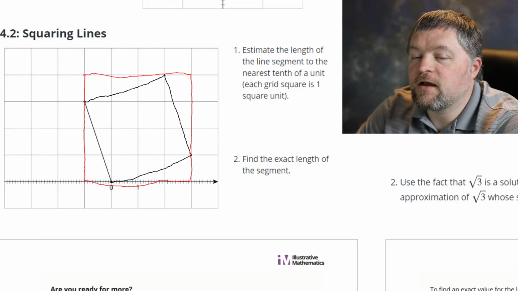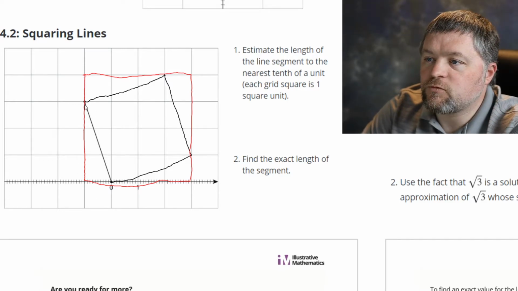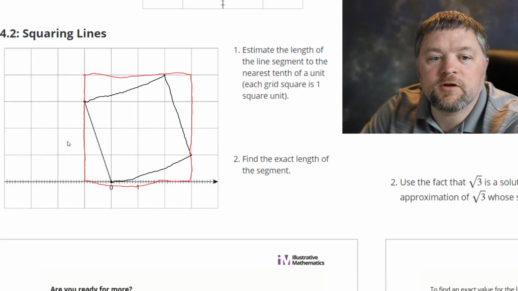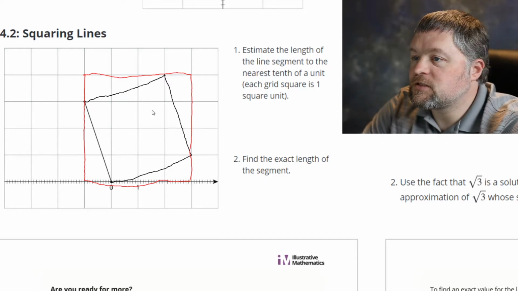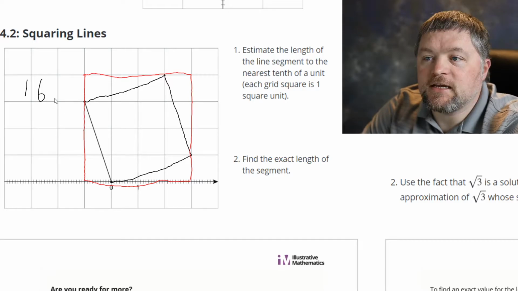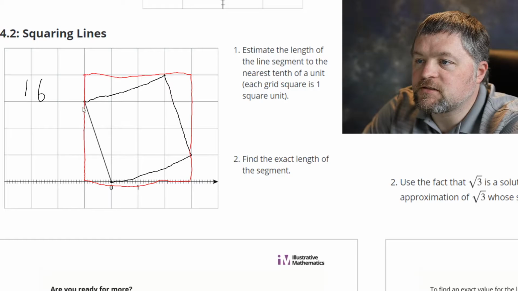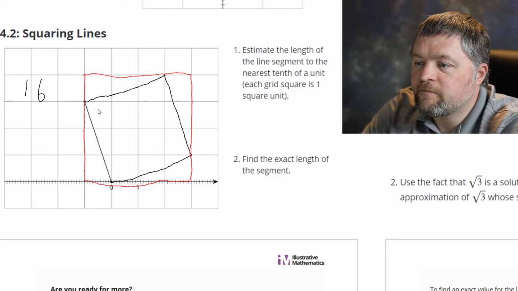Finding the area of the outer square, which is 1, 2, 3, 4 units. 4 units squared is 16 square units. How big are each of these little side triangles around it?